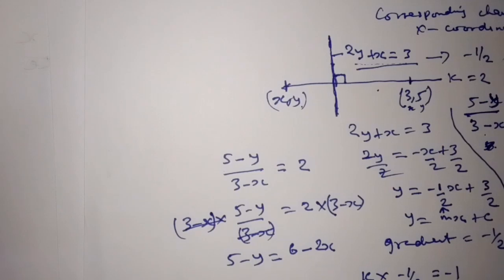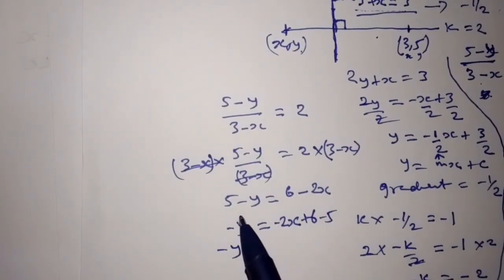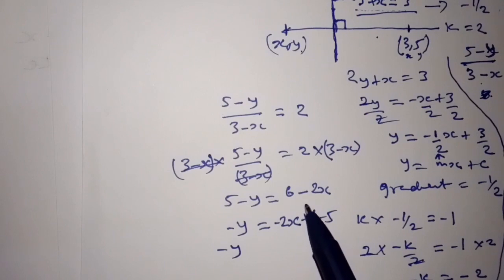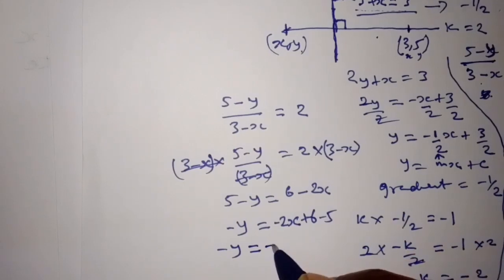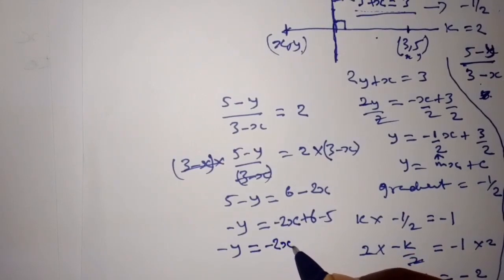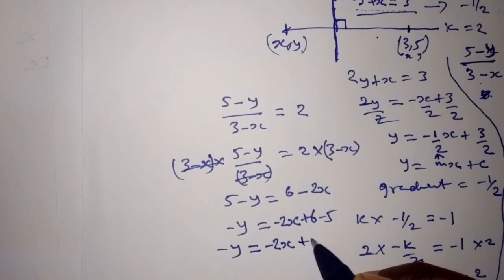So we can say negative y is equal to negative 2x plus 6 minus 5. Negative y is equal to negative 2x here. Positive 6 minus 5 is plus 1.